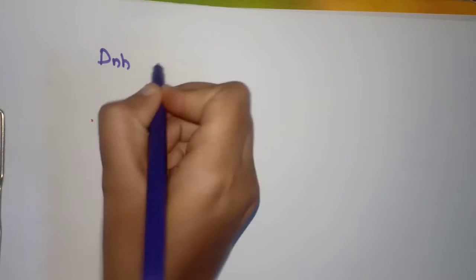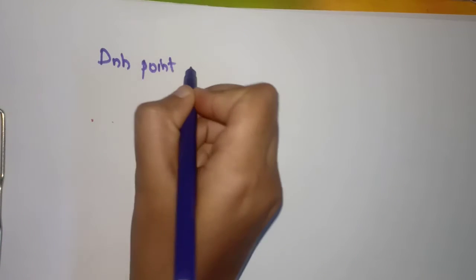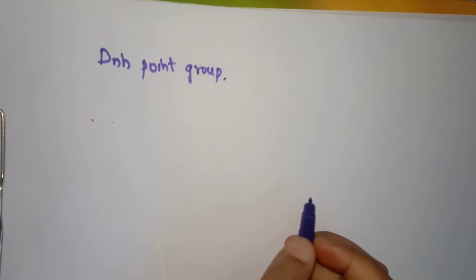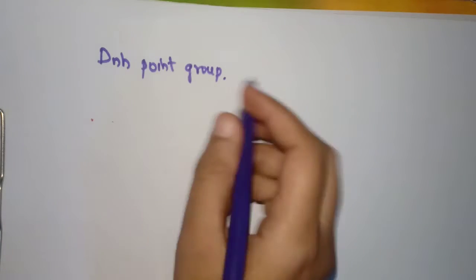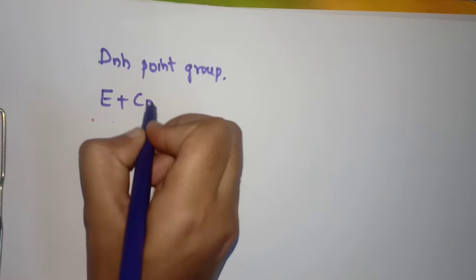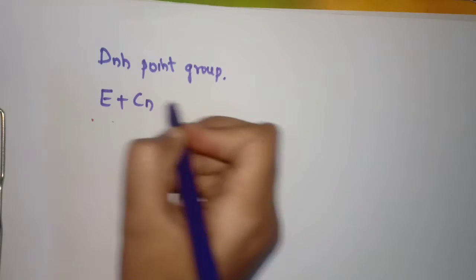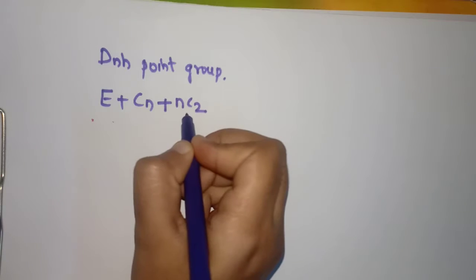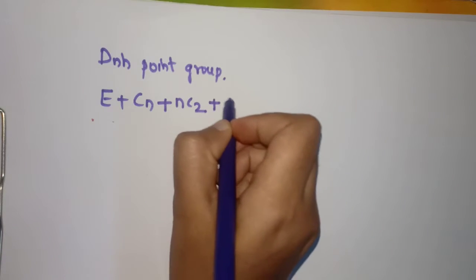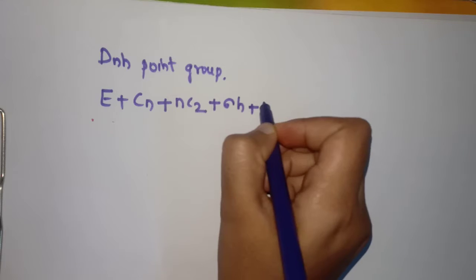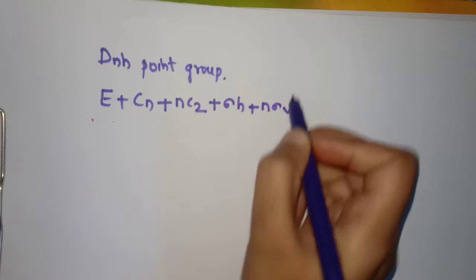Now let's start with the Dnh point groups. These Dnh point groups consist of the symmetry elements identity, Cn, that is the n-fold symmetry axis, and nC2, that is, if Cn is present then nC2 will be present, and a sigma h plus n sigma v.